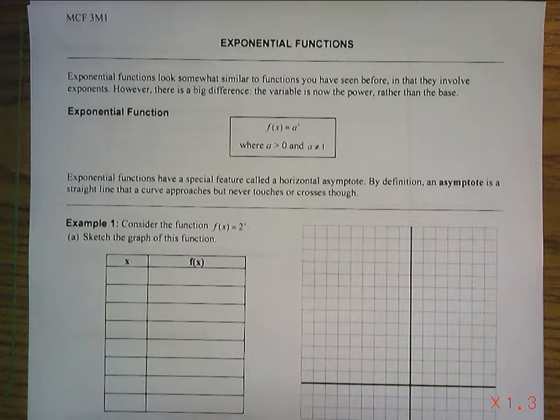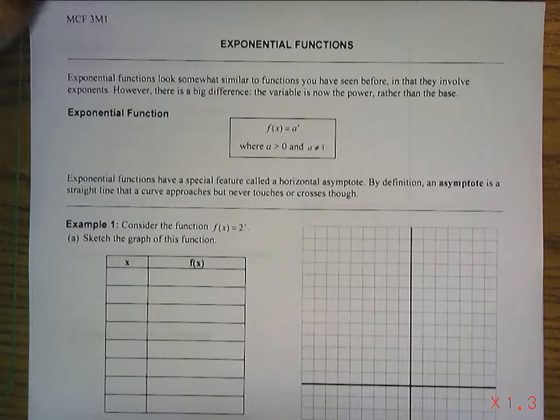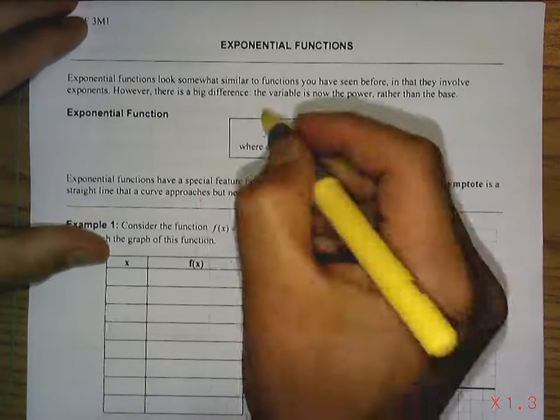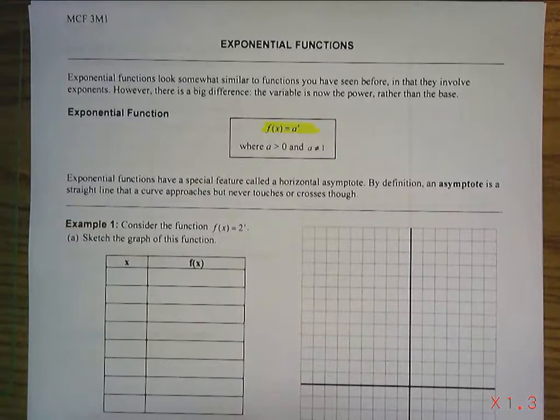Exponentials look somewhat similar to functions that you've seen before in that they involve exponents. However, there's a big difference. The variable is now in the power rather than in the base. So this is an idea of an exponential function.